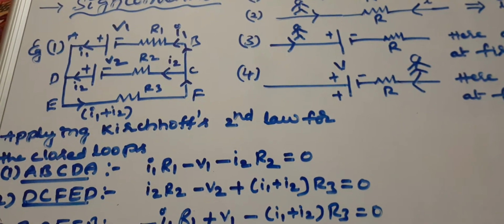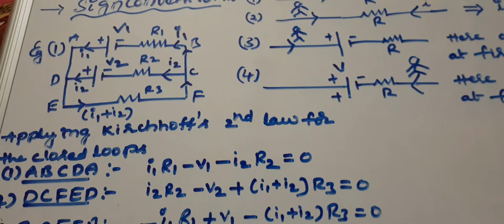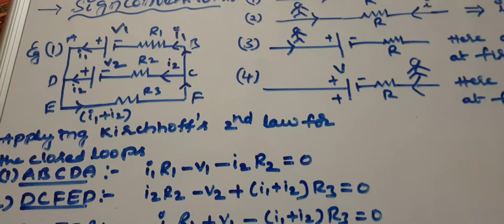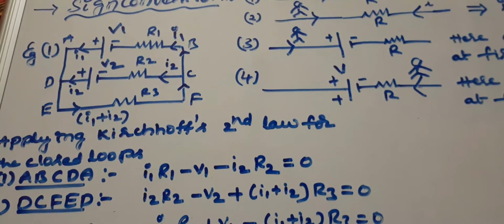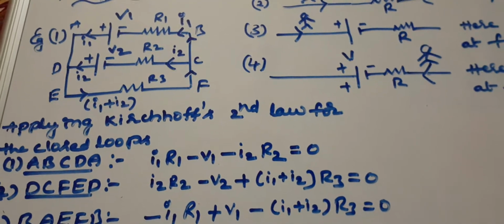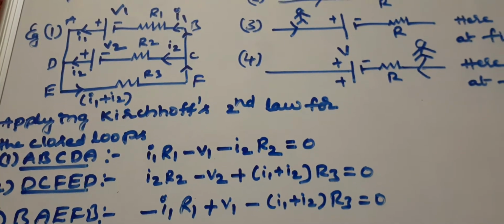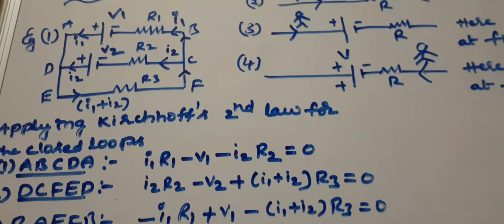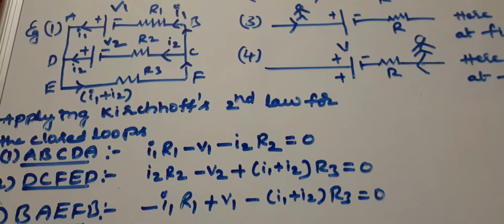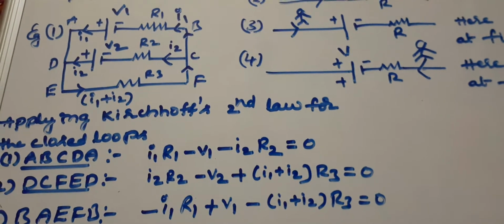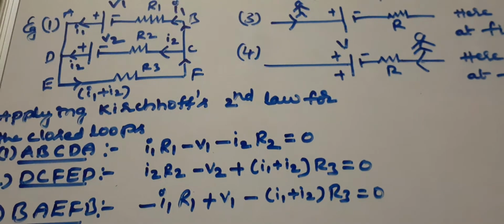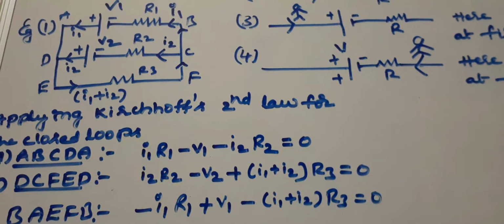Now we apply Kirchhoff's second law for the closed loop DCFED, where the observer moves from D to C, C to F, F to E and E to D. Moving from D, you can see again opposite to current direction, so I2 R2 is positive, plus I2 R2. Moving from D to C, the observer meets the positive electrode first, then the negative electrode, so minus V2.